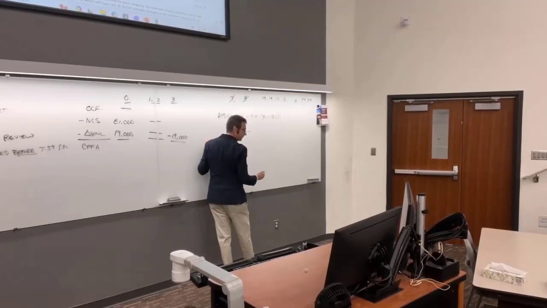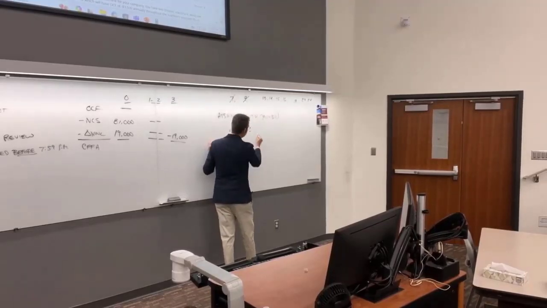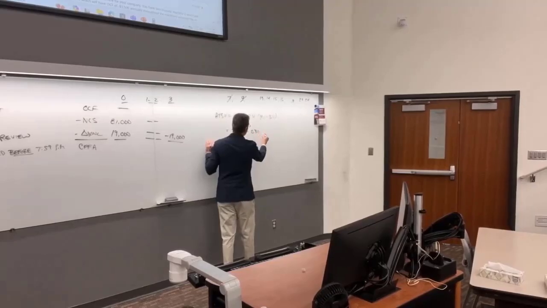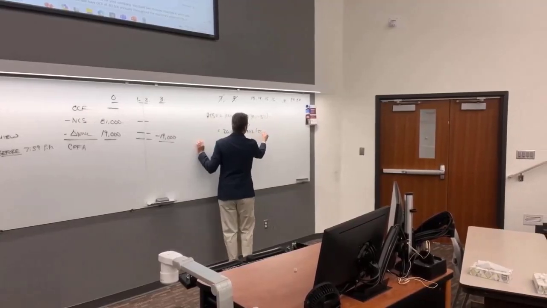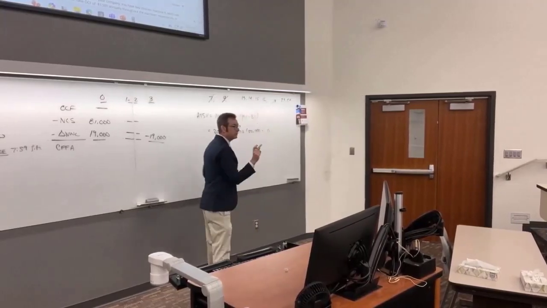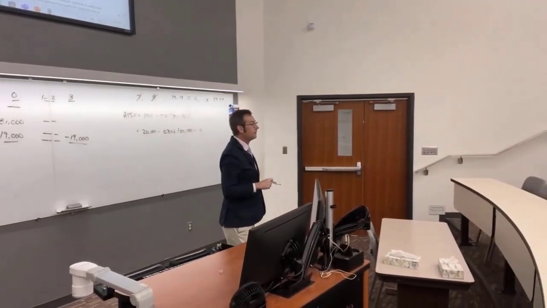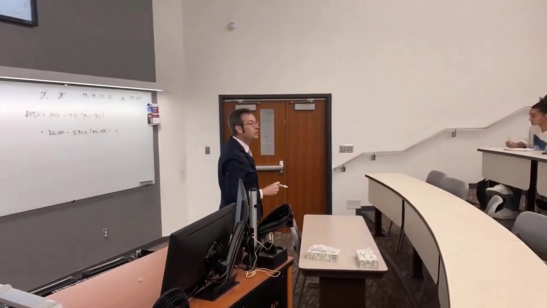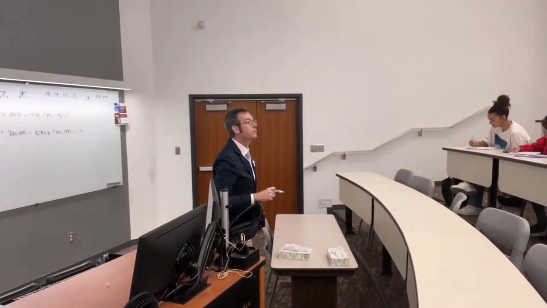Minus, what's our tax rate? 30%? Is that right? Multiplied by 20,000 minus 0. How did we know it was going to be 0? Straight line. Yeah, we straight line depreciated it to 0 over the life of the project.